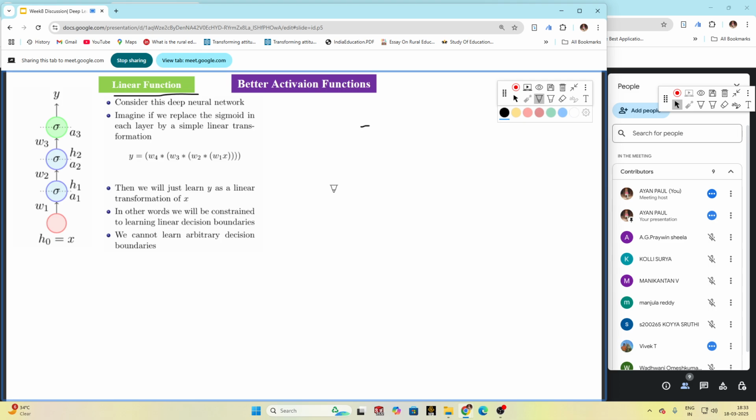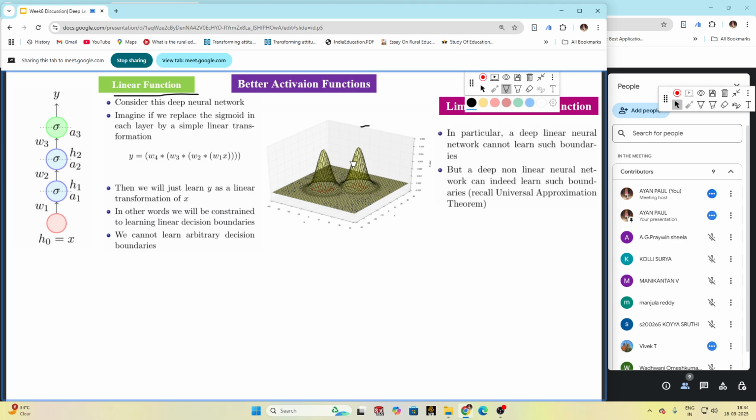So this is the limitation of the linear function. In the diagram, we have two sets of points, one black and one red. With a linear function, it is impossible to draw a linear decision boundary and separate the red points from the black points. So this is the limitation of the linear function.